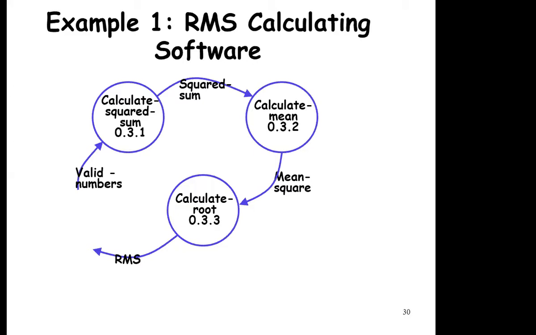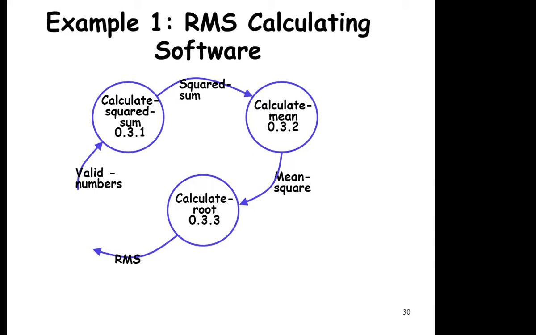So which bubble was exploded? 0.3 was exploded. So here see the numbering is 0.3.1, 0.3.2 and 0.3.3. If this bubble had been exploded, then the numbering of the next level would be 0.1.1, 0.1.2, 0.1.3.